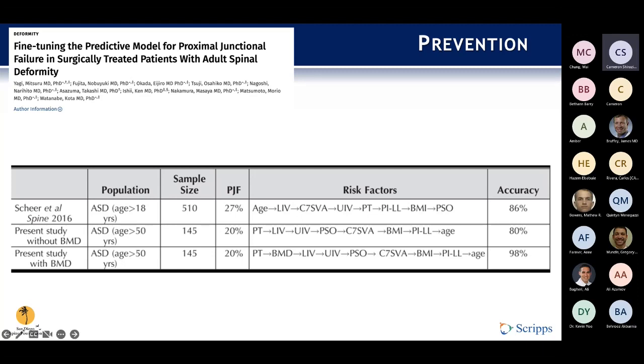And they felt that when you have this combination of risk factors that fit their criteria, then their accuracy in being able to predict proximal junctional failure, not kyphosis, was 98% in their patients, whereas previous studies going back to 2016, when you looked at more limited factors and ranking them and what was the most important, their accuracy was about 86%.